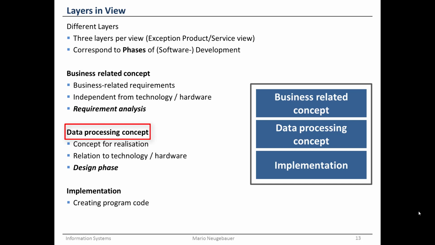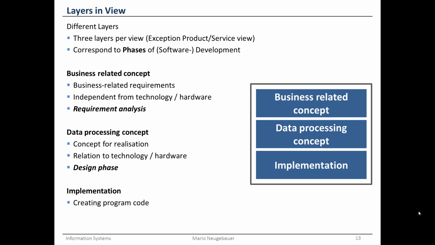In the next layer, the data processing concept, you come a little bit closer to the technique, to the technology, to the implementation, to the computer science people. So in the data processing concept, you actually think about the realization of your software, of your process steps.